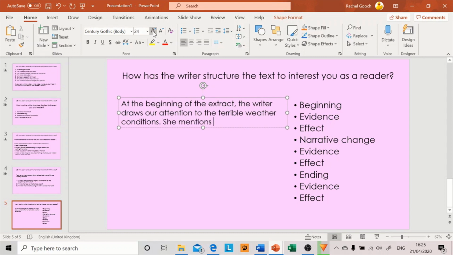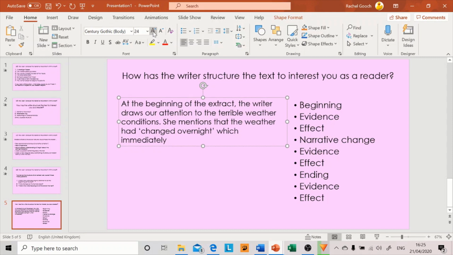She mentions that the weather had changed overnight, which immediately, so this is me now, this is the main part where you're going to pick up marks in the exam. This is me now talking about the effect.